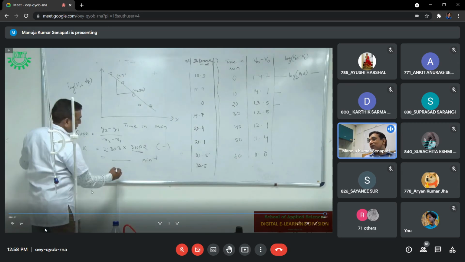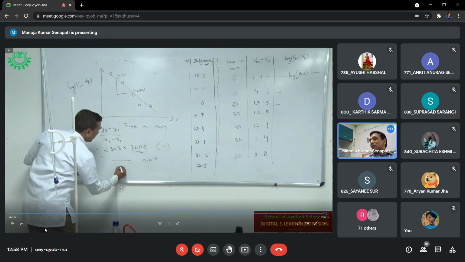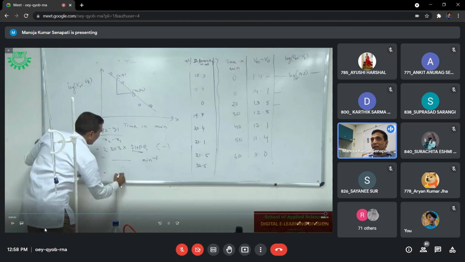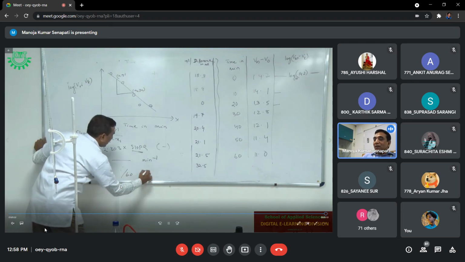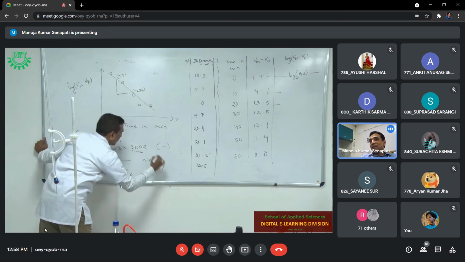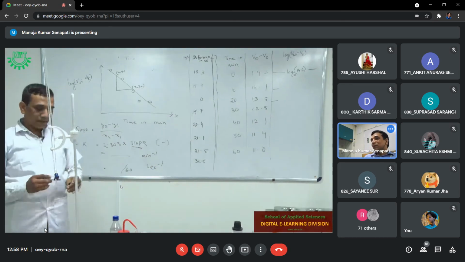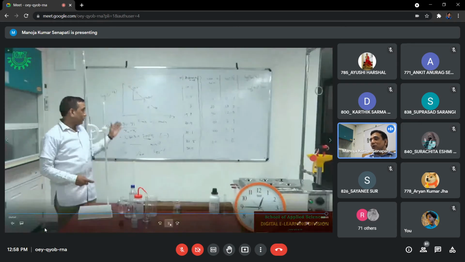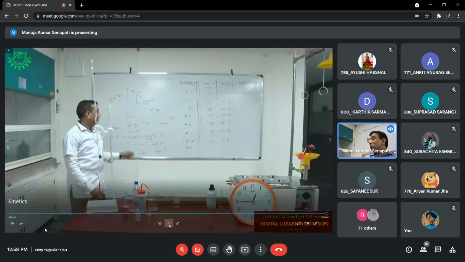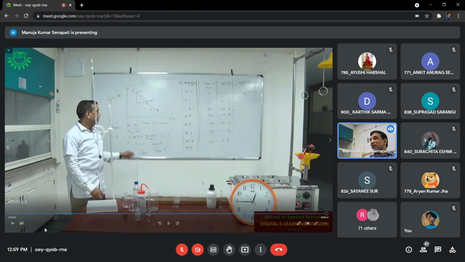Okay. So at the end, you will write what is the value of k. In the conclusion, you will write the rate constant for this hydrolysis of ethyl acetate reaction was found out to be this one. So this is a very easy way to calculate. But if you do it by mathematical method, at different values you will get different values of k. 0 till 10 minutes, 20 minutes, 30, 40, 50, 60.